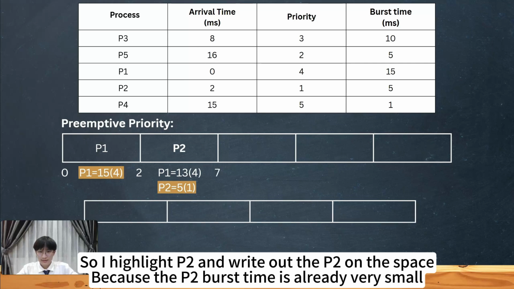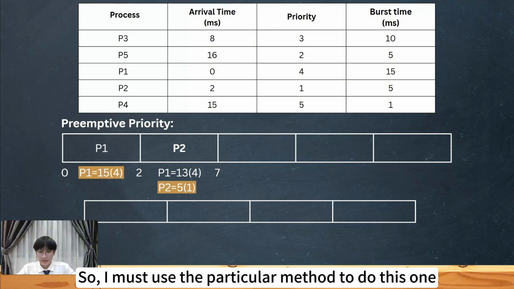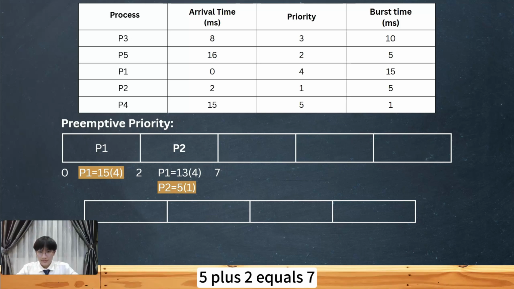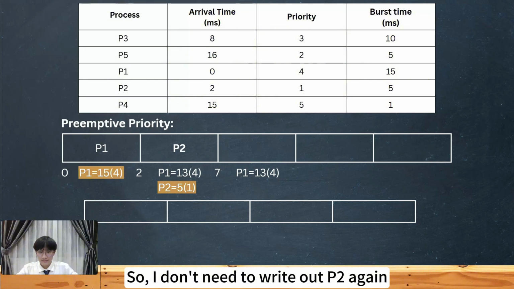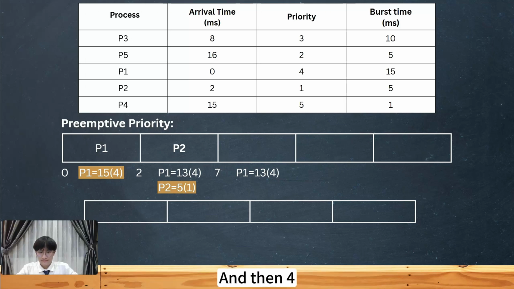Because the P2 burst is already very small, I must use a particular method to do this one. 5 plus 2 equals 7, so I write 7 here, and then 7 minus 2 equals 5. 5 minus 5 equals 0, so I don't need to write P2 again. And then I write P1 equals 13 and then 4.